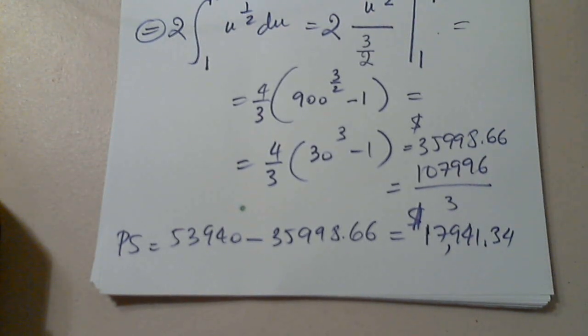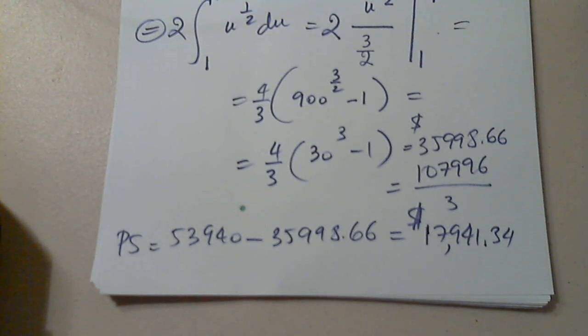Okay, so we calculate to make sure. So we have 53940 minus the definite integral from 0 to 899, and this is from 2, the square root of x plus 1.